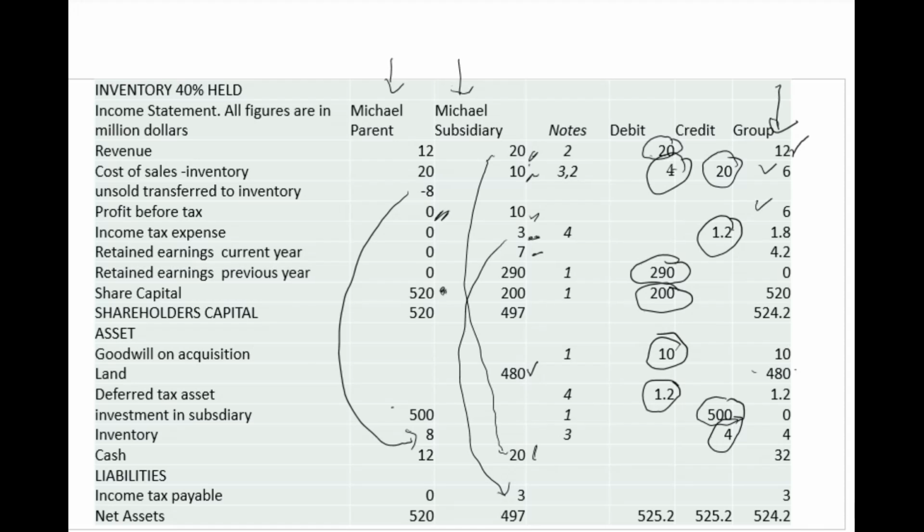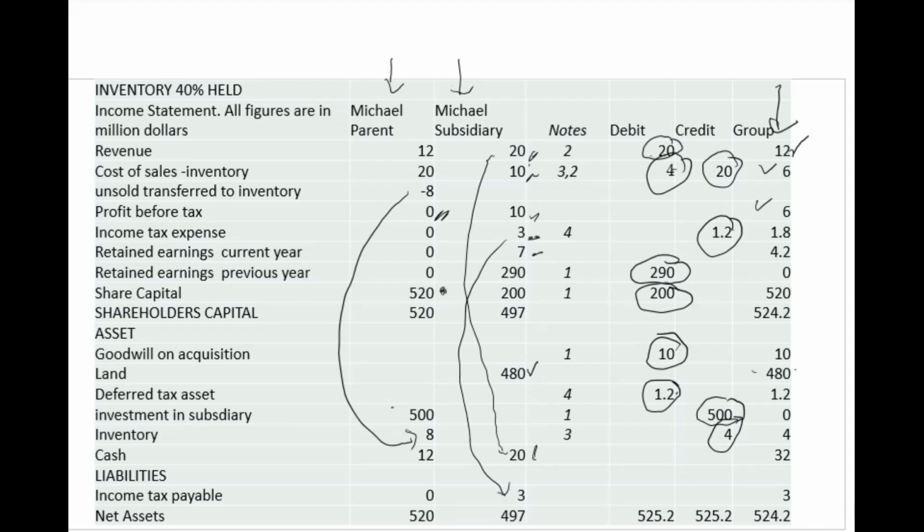The income tax expense for this is 1.8 million. It's 1.8 million because 1.2 million is being held as deferred tax asset. So 1.8 million plus 1.2 million equals 3 million income tax payable.